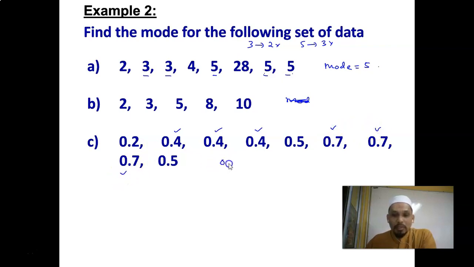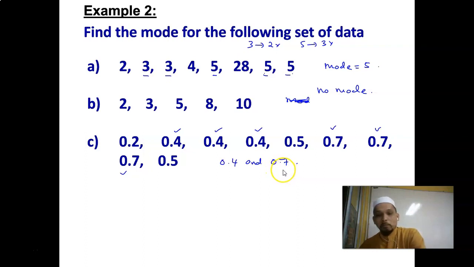So the mode is 0.4 and 0.7. So then for question B, there is no mode. Then here, the mode is 5, and the mode is 0.4 and 0.7.